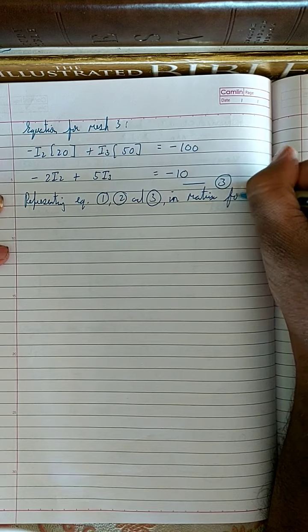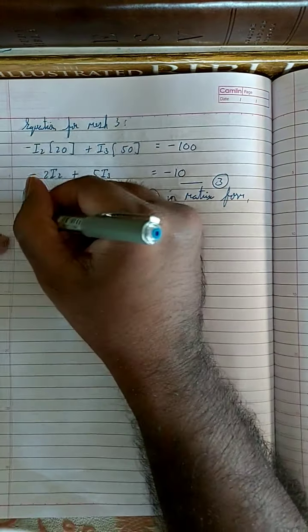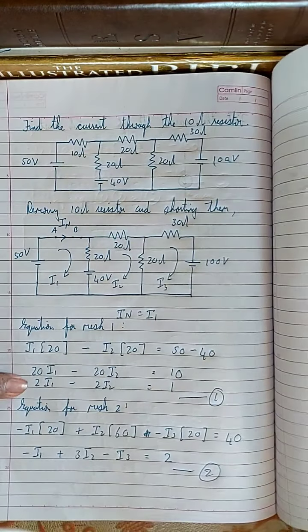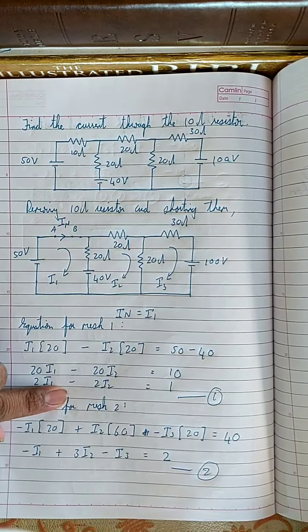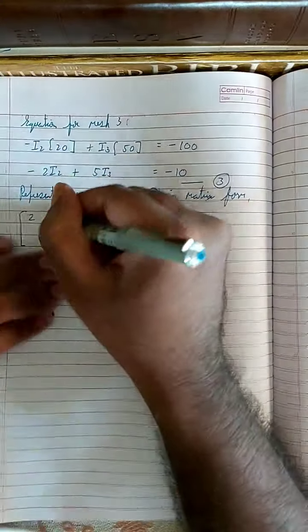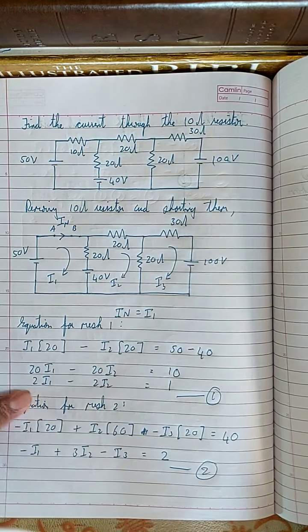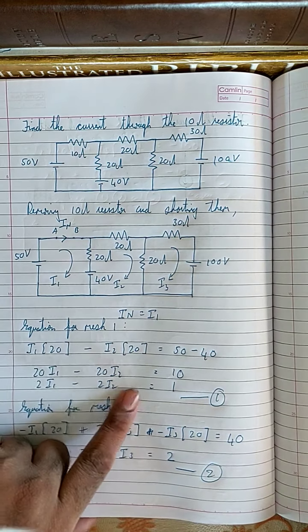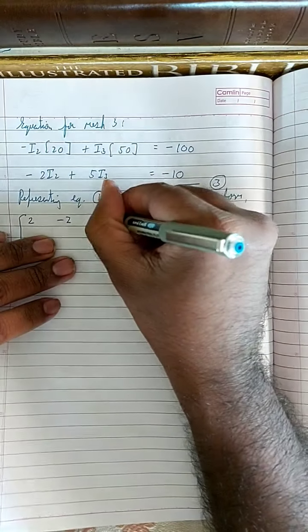What is the coefficient of I1 over here? It is 2, right? The coefficient of I2 in the first equation is minus 2. And the coefficient of I3 in the first equation is 0, because there is no I3 over here. This is actually plus 0 into I3, so the coefficient is 0.